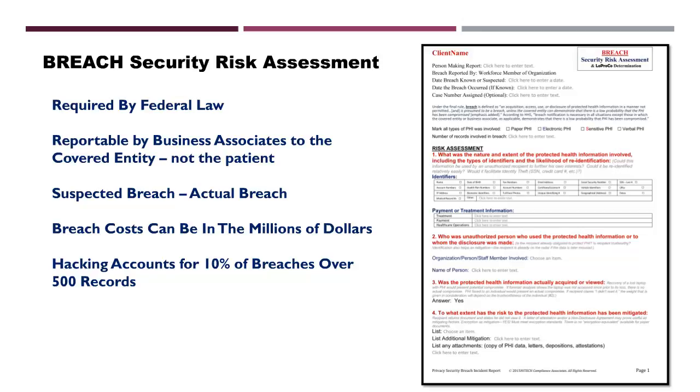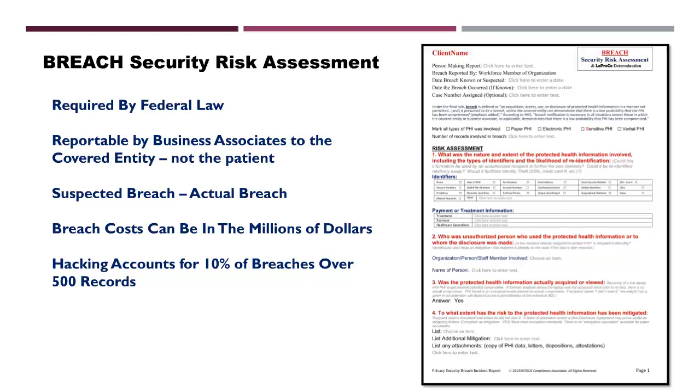So in the event of a breach, you are required to fill out a security breach risk assessment. There are 4 questions that must be answered. They are the type of PHI that was exposed, who was it exposed to, was it actually seen or viewed, and what has been done to mitigate any harm that could come to the patient.